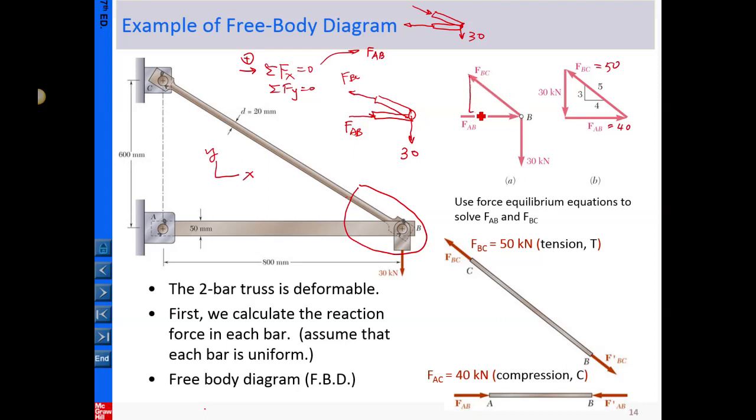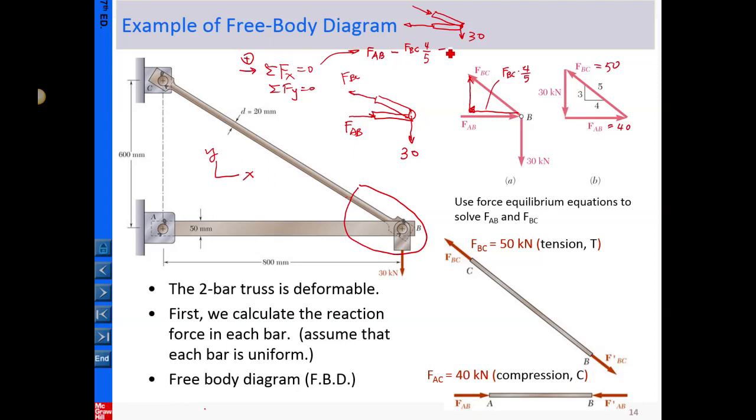If you take FBC in the two directions, this is FBC multiplied by the component 4/5. That is in the x direction, but it is pointing leftward, so that is negative FBC times 4/5. It is negative because this component points leftward, and per our sign convention that is negative.